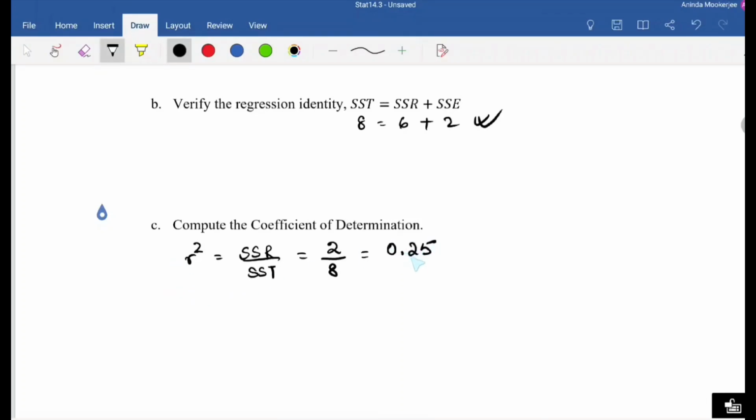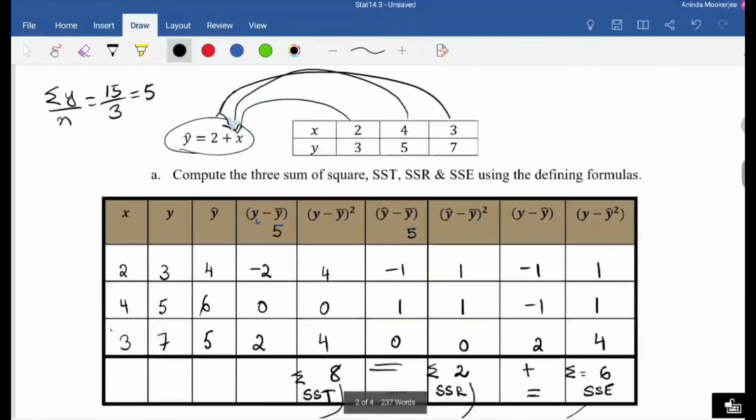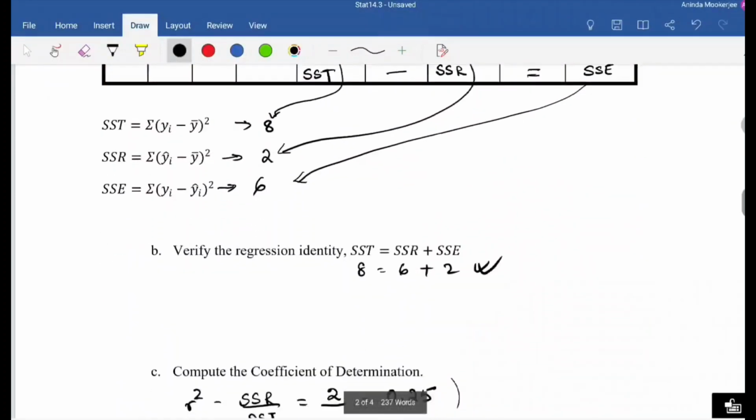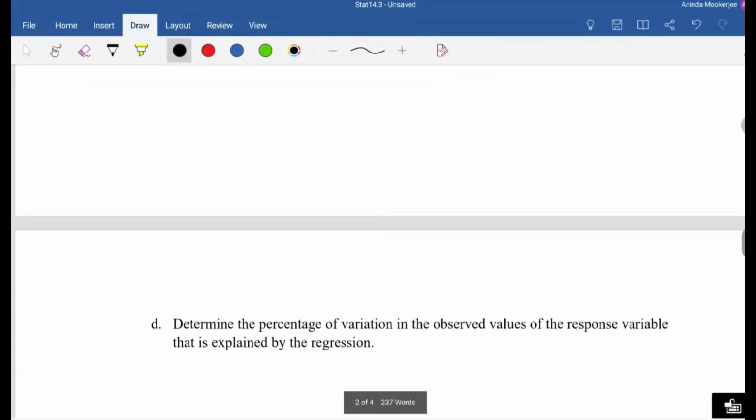R squared is 0.25. So looking at this value, it's clear that it's not close to 1, and therefore this equation, whatever this equation is pertaining to this data set, is not going to be a useful regression equation for making predictions. All right, so that's how we answer these questions.